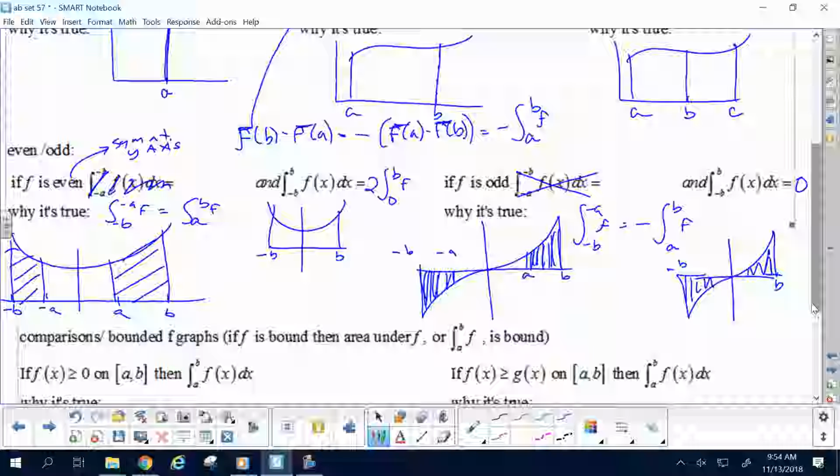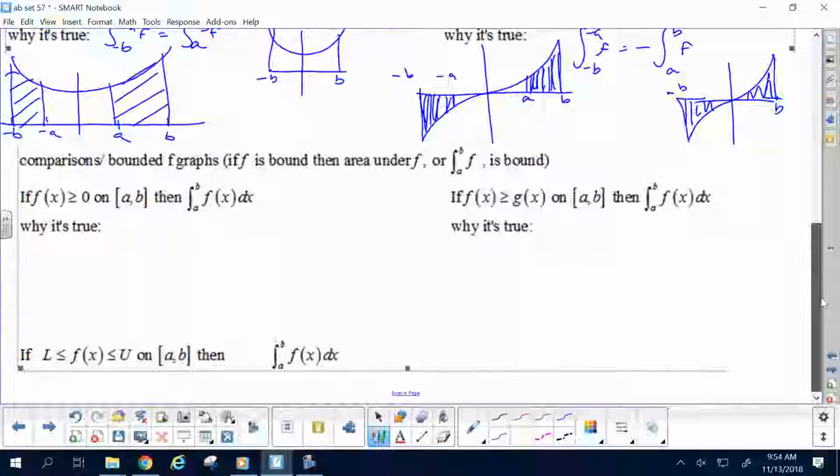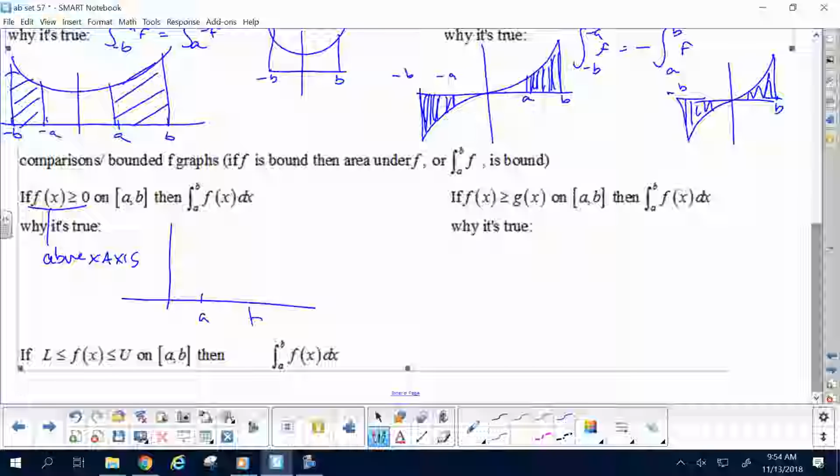All right? Last but not least, also common on multiple choice are bounded graphs. Imagine if I told you some function is greater than or equal to 0. Graphically, that would mean it's always above the x-axis. If the graph is always above the x-axis, then what would you know for sure about the integral, which represents the area under the curve?